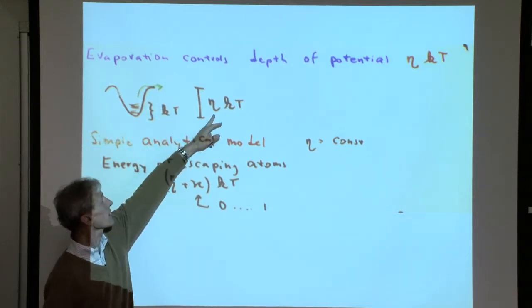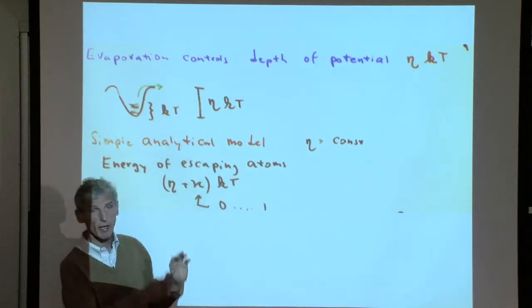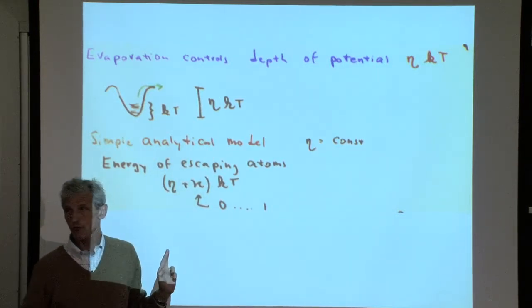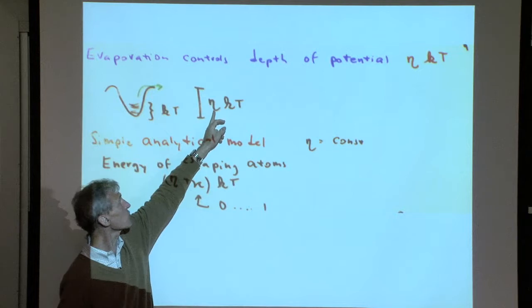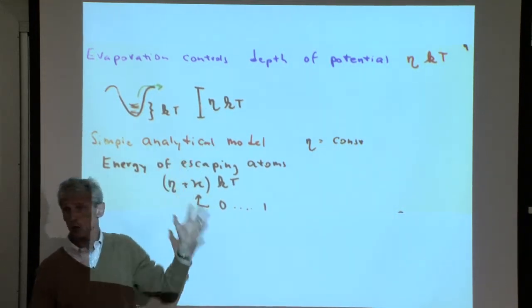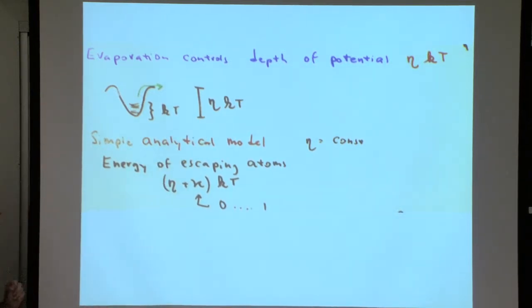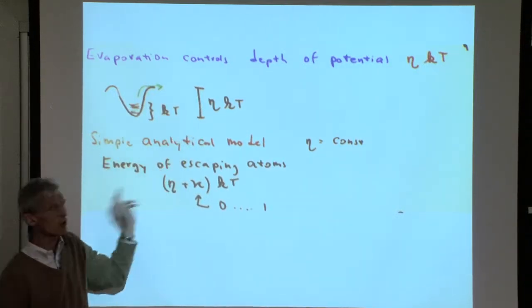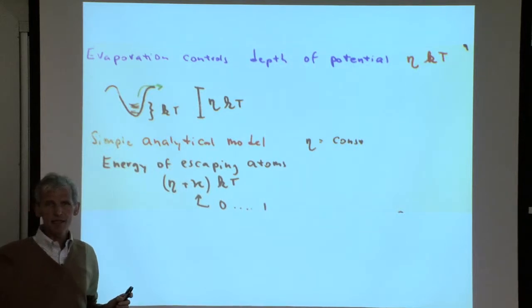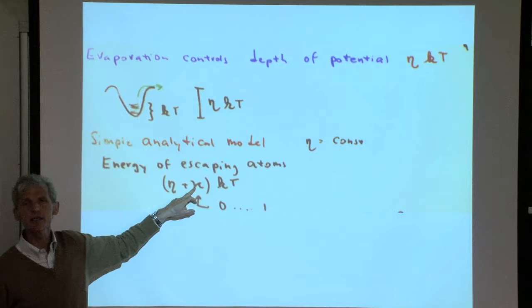If we truncate the trap at eta kT, I showed you a cartoon where I chopped off the tail of the Maxwell-Boltzmann distribution at 4 kT, so eta would have been 4. This is what we control experimentally: at what energy do we allow atoms to leak out of the trap? If we set a threshold of, let's say, 4 kT, that is the minimum energy for atoms to leak out, but some will be a little bit faster.